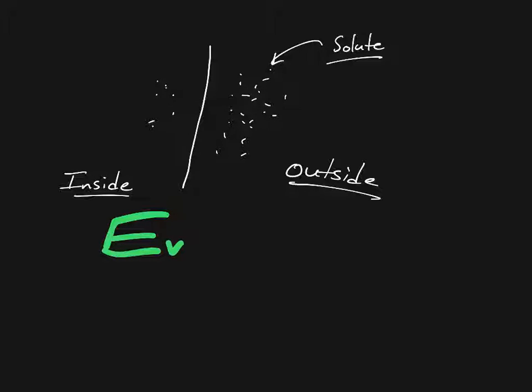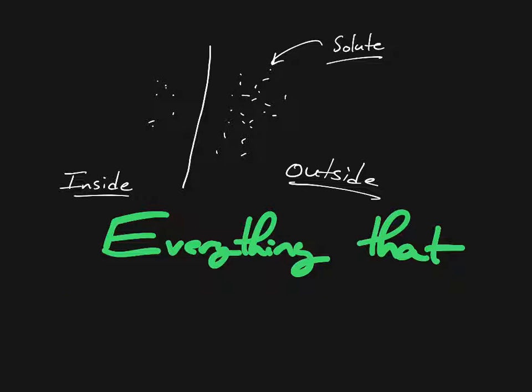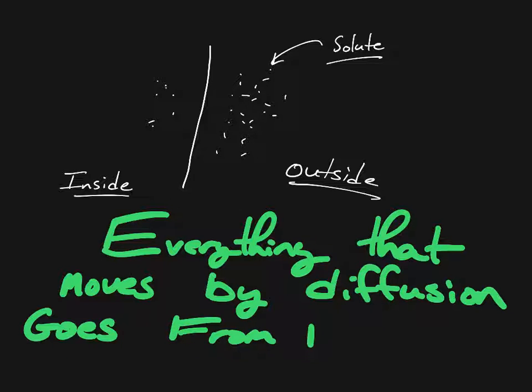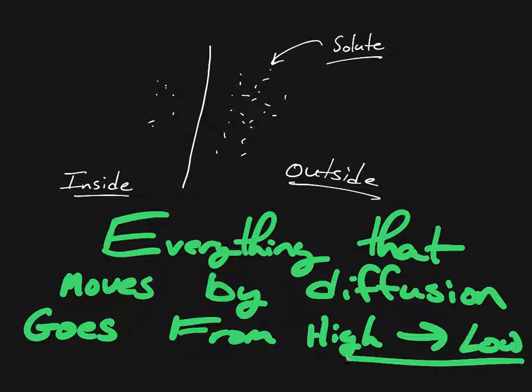Everything that moves by diffusion goes, here it is, this is the hard part, from high to low. Wow, I know that's real hard, isn't it? That's it. I hope it's easy.